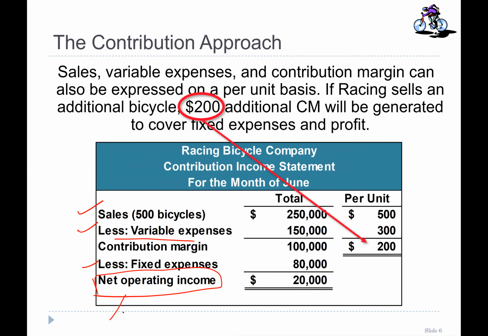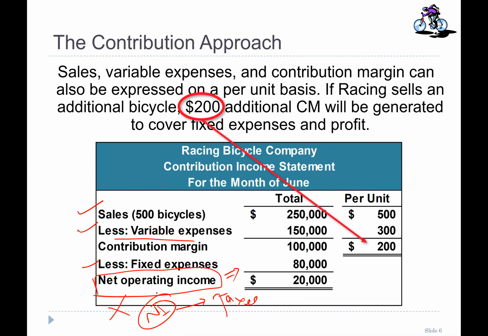So remember, this is not the net income, this is net operating income, which means taxes still need to be deducted from the operating income. Net income also includes the effect of taxes, but operating income does not include the effect of taxes here.